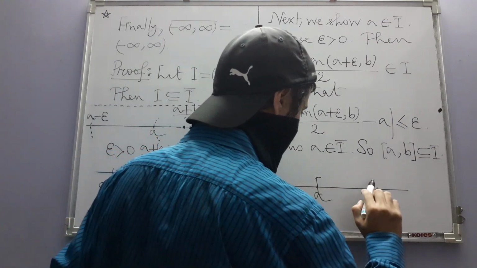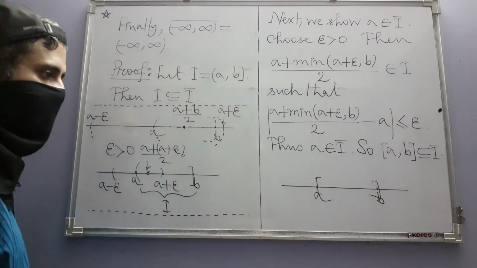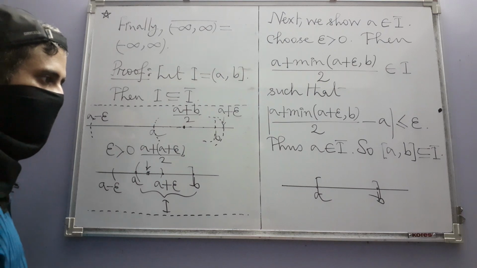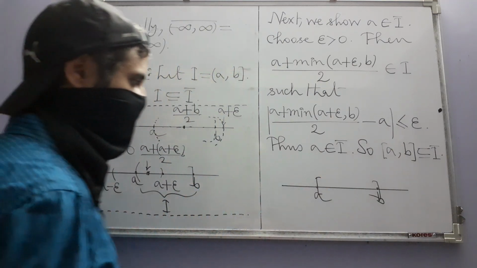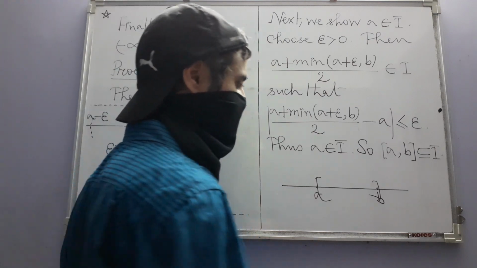So now our focus is this closed interval a comma b. We know that it is a subset of the closure of I. But what about points outside of it?